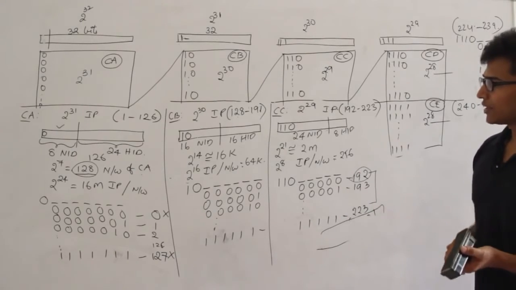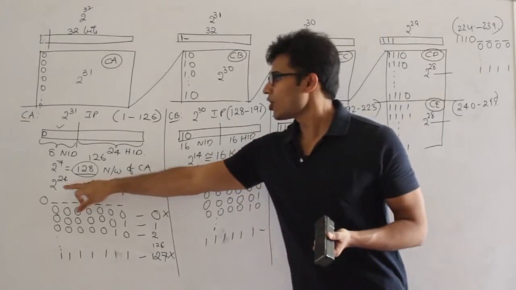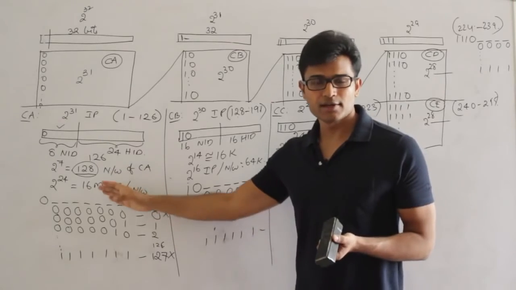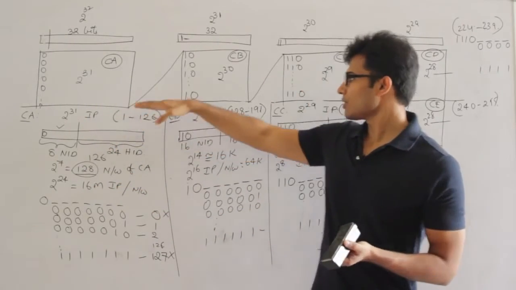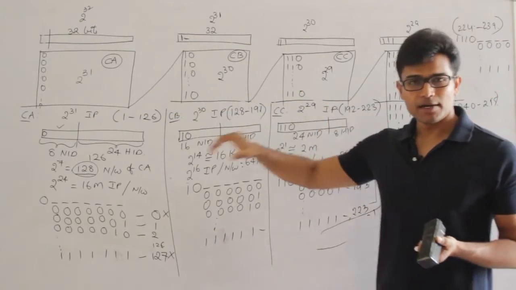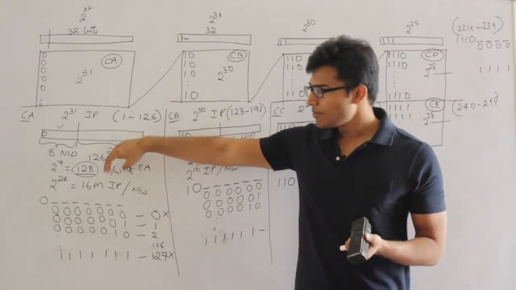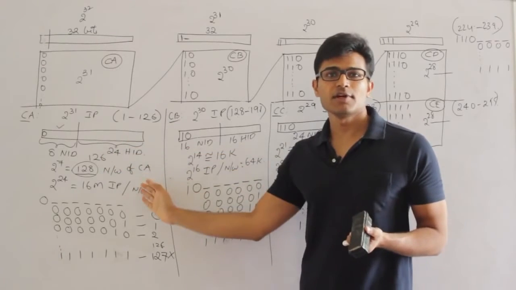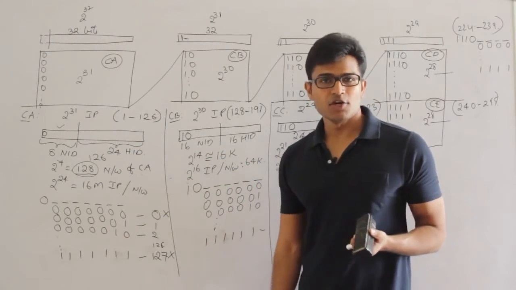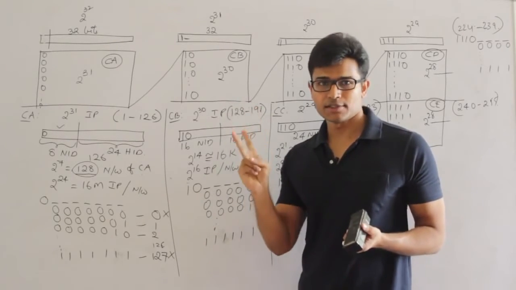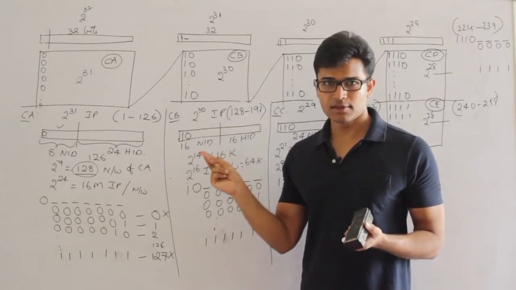One thing you have to note is, I am talking about how many IP addresses you will get if you buy one network of either class A, class B or class C. But even if you have these many IP addresses, it doesn't mean that you can configure these many hosts. Whenever you buy any class, we are not going to use two IP addresses, the first one and the last one.